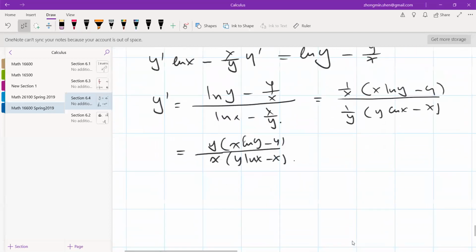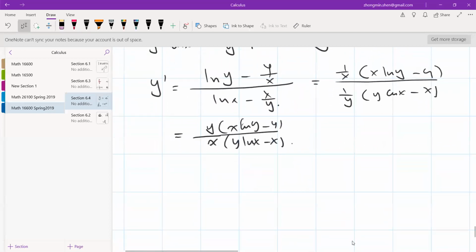Okay, so the next problem, problem number 42, right? We are given the function f of x equals log base b of 3x squared minus 2.